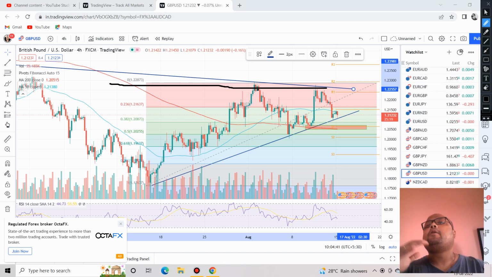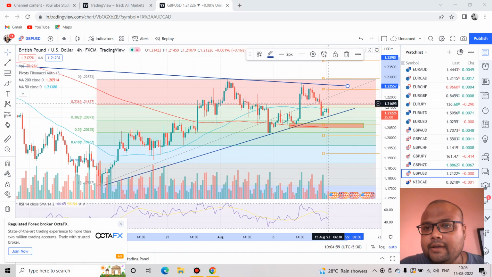Rather, the market is forming higher lows, which signifies that buyers are not ready to surrender. New buyers are joining in. As a result, there is a possibility of further upside on the chart of GBPUSD.